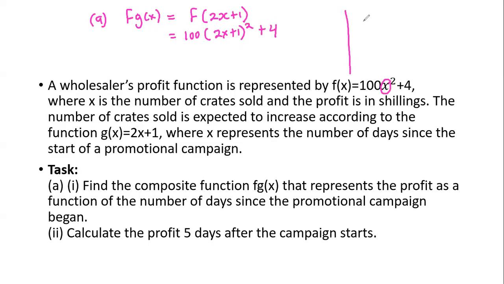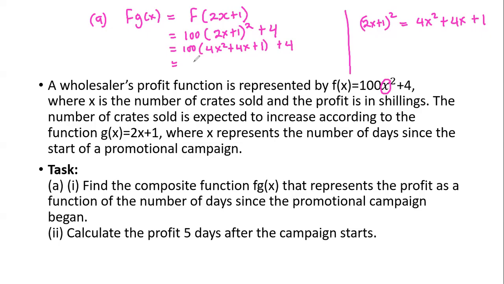Then (2x + 1) squared gives us 4x squared plus 4x plus 1. So it will be 100 into brackets 4x squared plus 4x plus 1, plus 4.